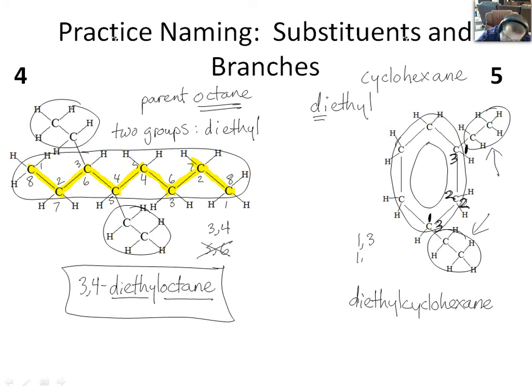Doesn't seem to make a difference because either way I get position numbers of 1 and 3. So my name for this molecule is going to be 1, 3. Notice the numbers are separated by a comma, dash, diethyl cyclohexane.